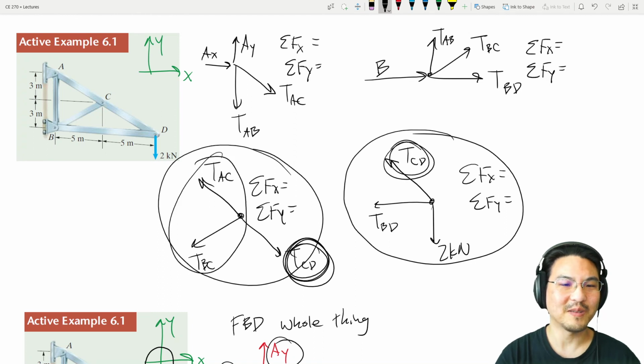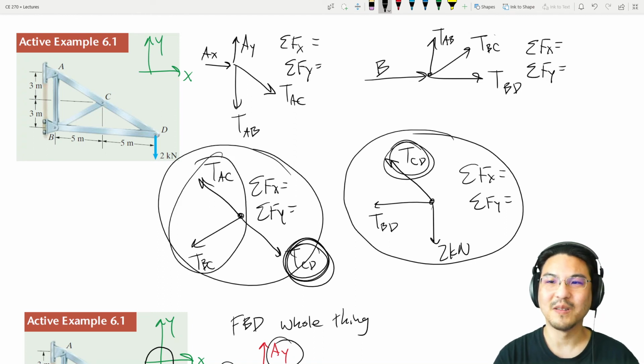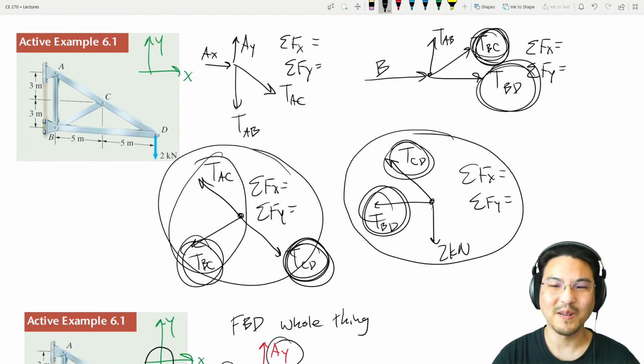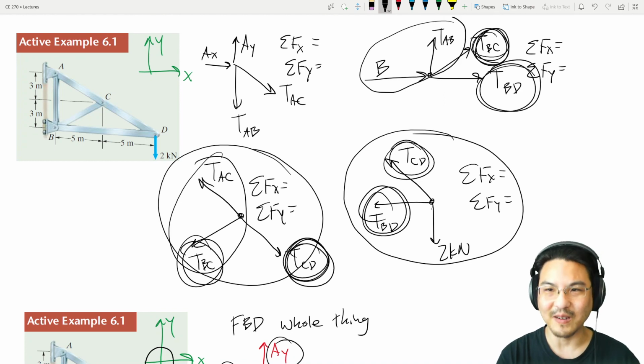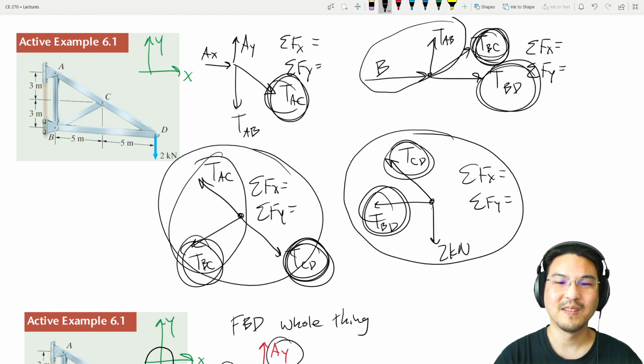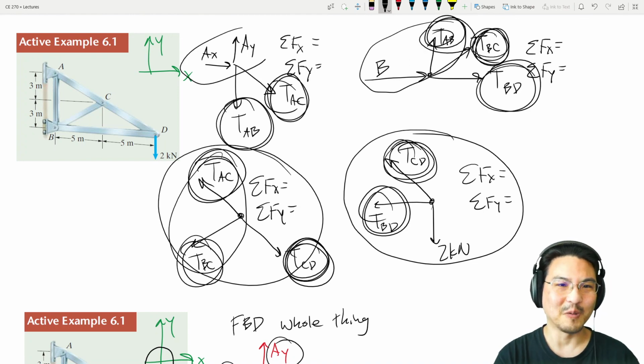So 2 unknowns, and then you would know this answer right here from here, and this one here from here. So there's only 2 unknowns here, solve those 2, and then you would know this one from here. Oh, sorry, from here. This one from here. It's getting messy. 2 remaining unknowns.